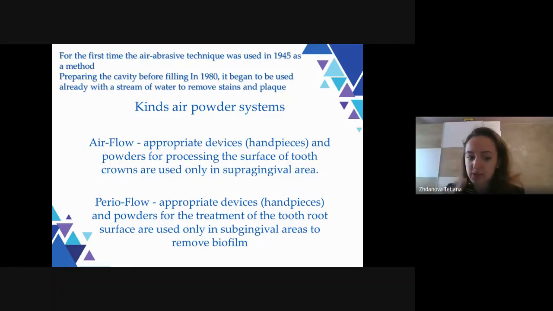These are different methods, because Perio-Flow we can use when a patient, for example, has gum diseases, and Airflow we also can use when a patient has gum diseases, but we need to take glycine. Okay, not abrasive powder.